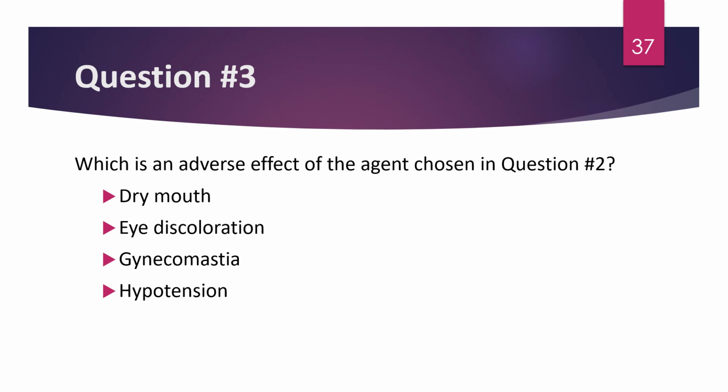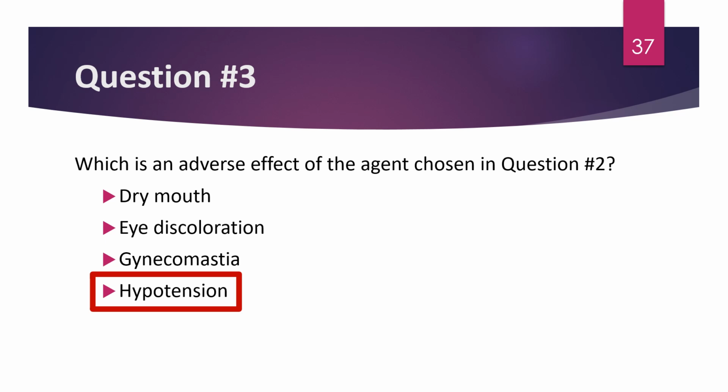In regards to what is an adverse effect of the agent chosen in question 2, the answer here is hypotension. Hypotension occurs in our second generation alpha-1 antagonist because of the non-specificity and the fact that it works on the vasculature, versus tamsulosin and silodosin, which don't see hypotension because they are alpha-1A specific.